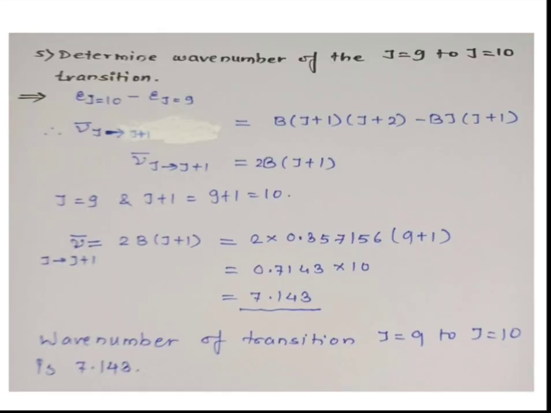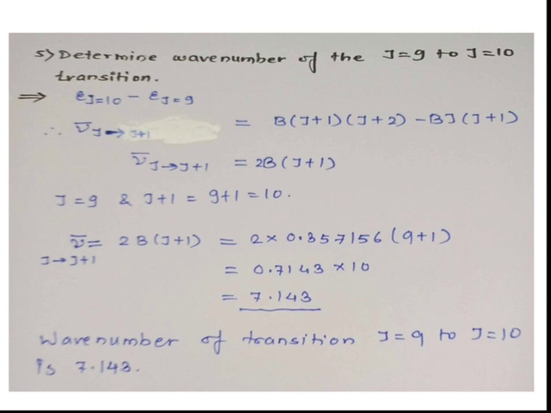Now our last point, determination of the wave number. So here, point 5 is to determine the wave number of the J = 9 to J = 10 transition. So they have given us J value is 9 and J + 1 is 10. As we know, the rotational energy can be calculated in terms of the wave number.